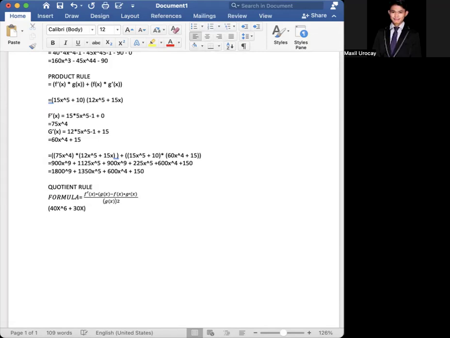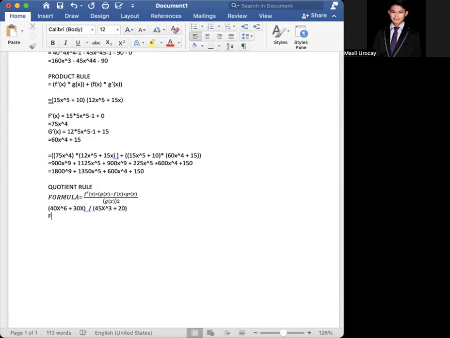The divisor is your denominator, I mean, divided by 45x to the power of 3 plus 20. Say something like that so that it will be exciting as you work on that. So this is your f of x, this is your g of x.